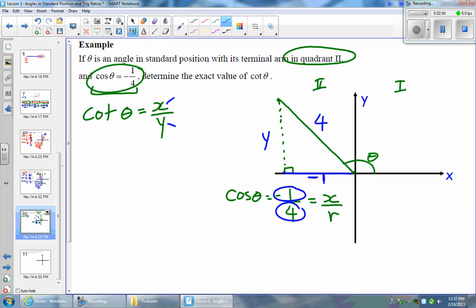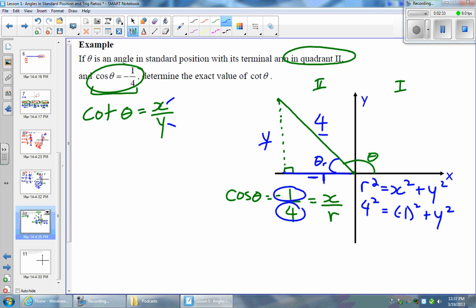Looking at this triangle, we know the hypotenuse, and if we're taking a look at the reference angle here, we know the adjacent side. So we need to go ahead and find the y value using the Pythagorean theorem. I'll start it off here. r squared is equal to x squared plus y squared. r squared we know is 4 squared, x squared is -1 squared, plus y squared.